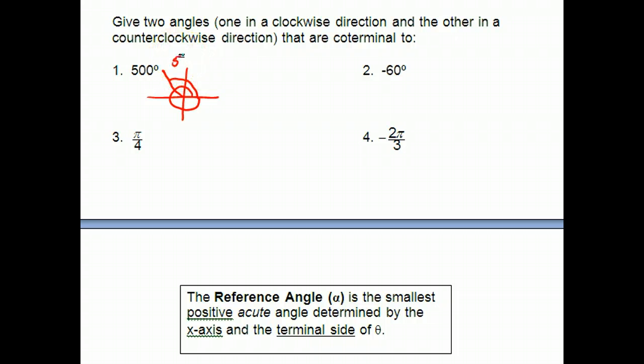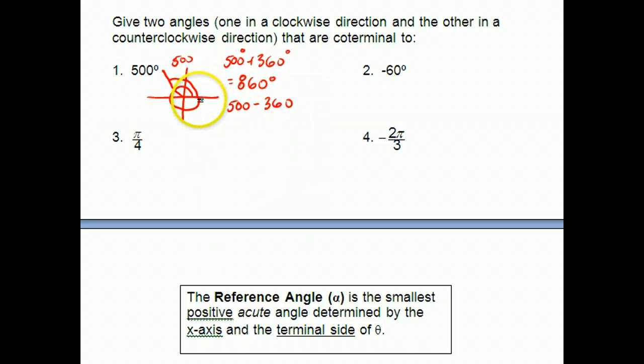So that's 500. So in a counterclockwise direction, I'm going to go 500 plus 360 gives me an angle of 860 degrees.